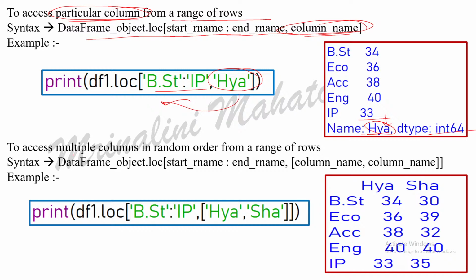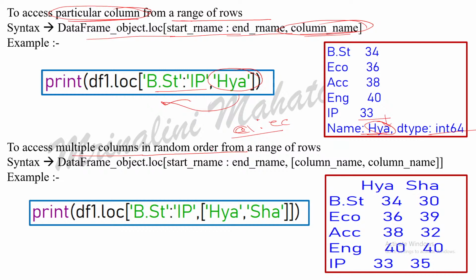Now, access multiple columns in random order, not in continuous order. For continuous order, what are we doing? We write the columns with a colon in between: starting column name, colon, ending column name.